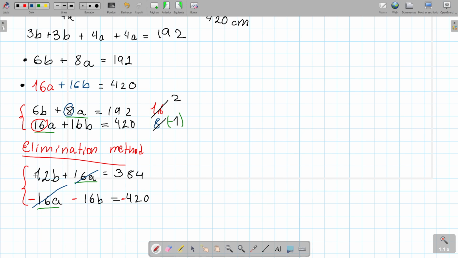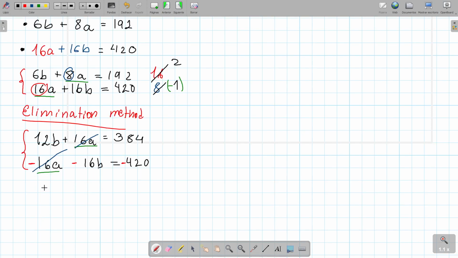We have 12b minus 16b, which gives me minus 4b. Be careful with the sign, please. Now we have 384 minus 420, which is minus 36. b is going to be minus 36 over minus 4.